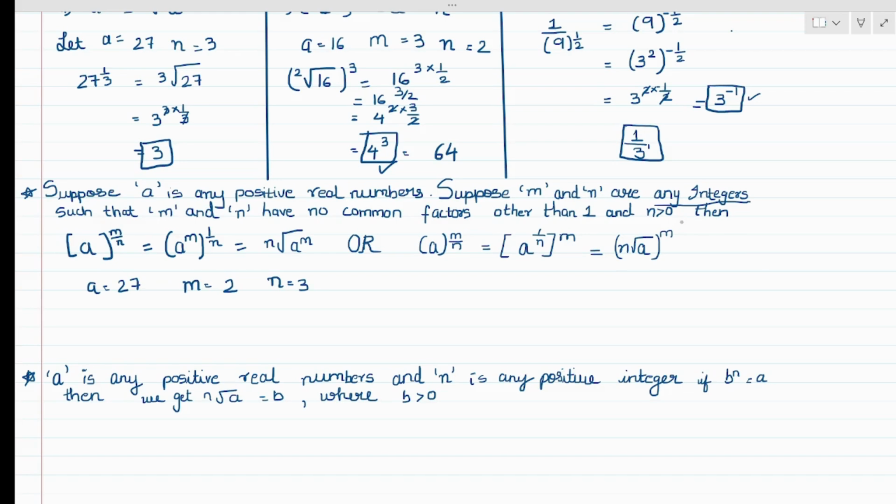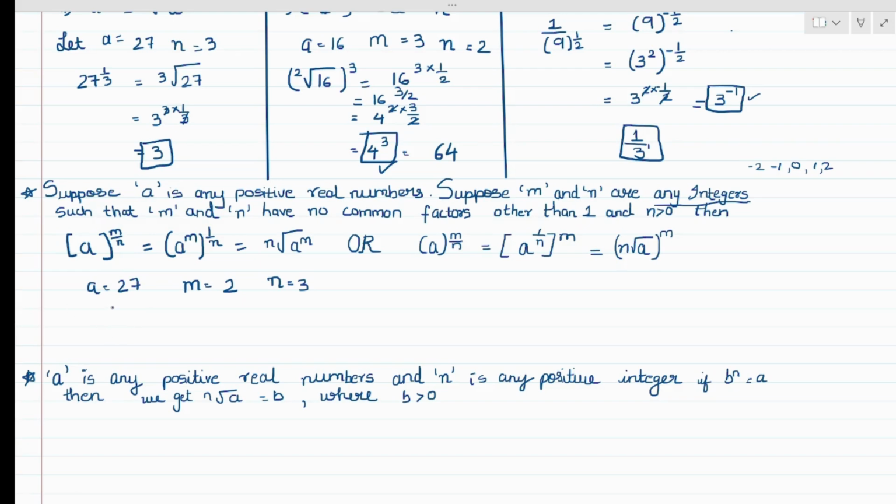What are integers? They can be negative, positive, or 0. That means on your number line, you will get numbers like -1, -2, 0, 1, and 2. This will be called your integers. So I'm taking both numbers as positive. How will I solve this?